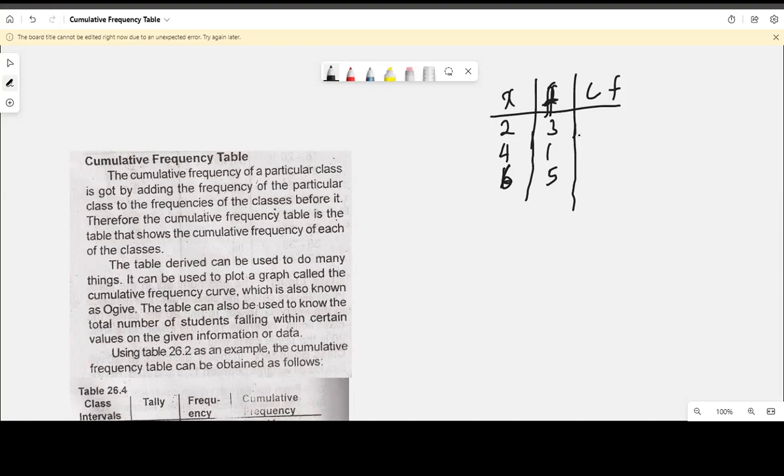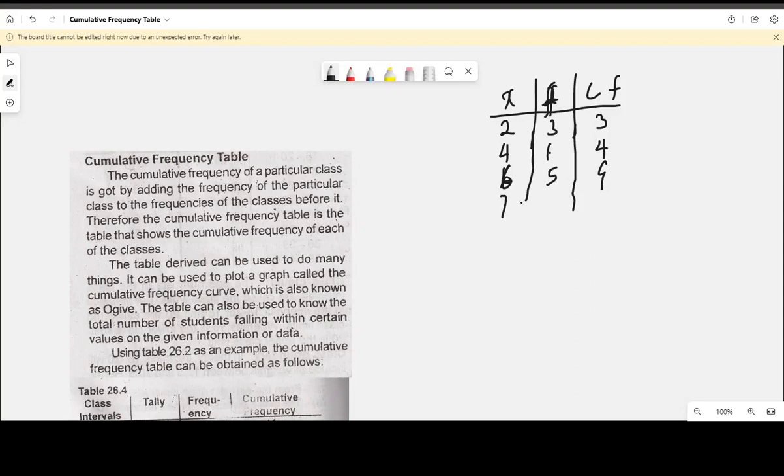The cumulative of this: nothing comes before 2, so the 3 will still stand. But for the second data, we add the frequency of 4 to the frequency of 2, meaning we add this 1 to this 3, which means we have 4 here. Then to get the next one, we add 5 to 4, which is 9.